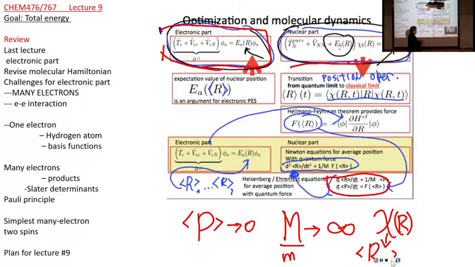Schrödinger equation. We went from time independent to time dependent. We made the classical path approximation, or point charge approximation, right? Instead of the nuclear wave function, we went to the expectation value of nuclei, and then we derived the equation of motion for these average positions.